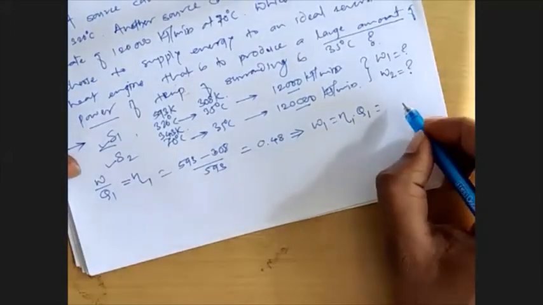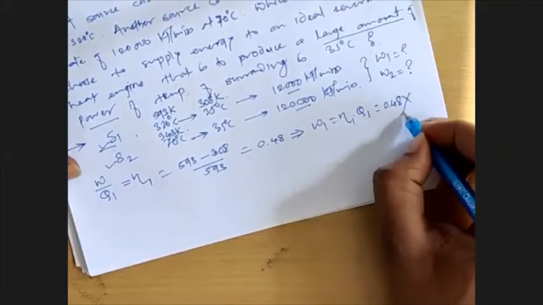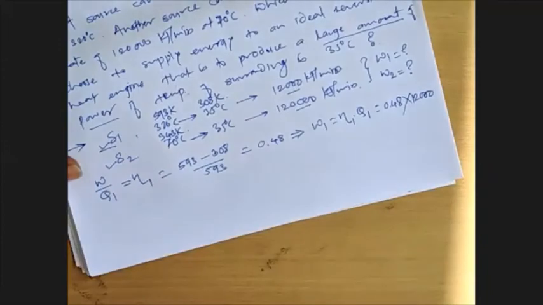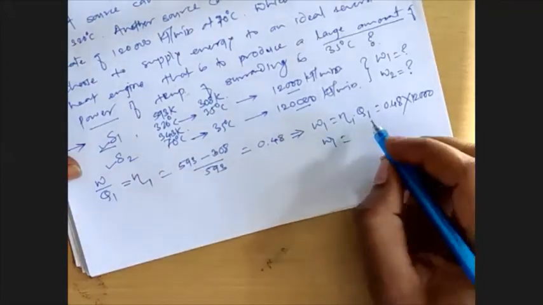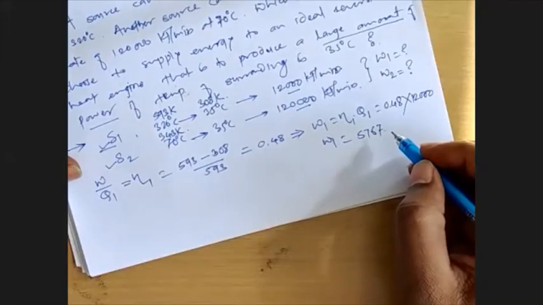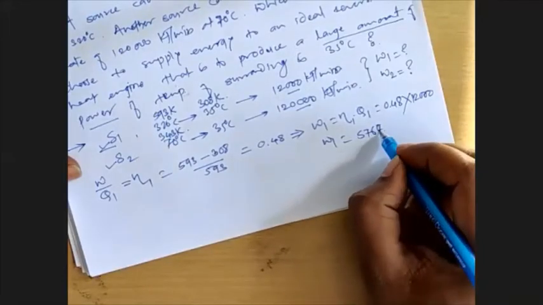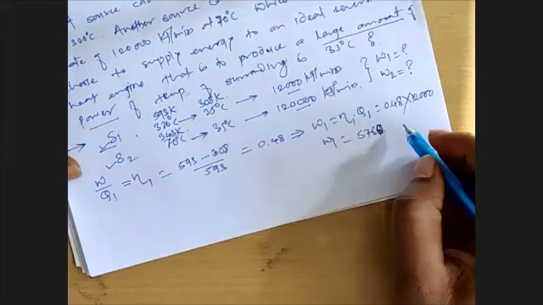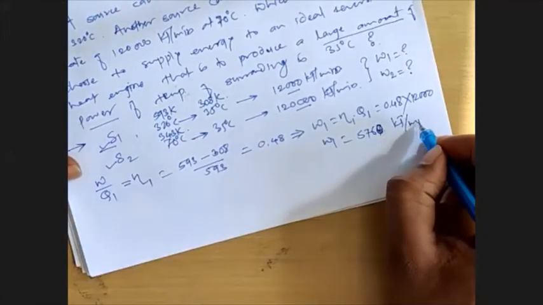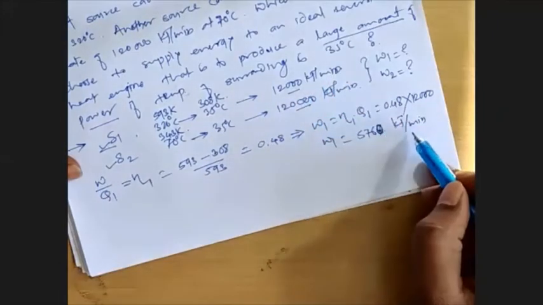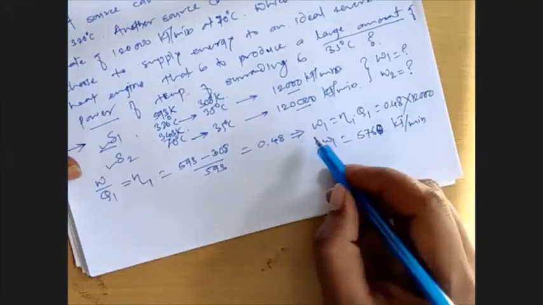So that will be 0.48 multiplied by 12,000. 5760. Very good. W1 is equal to 5760 kilojoules per minute, because Q is in kilojoules per minute, so W will also be in kilojoules per minute. So that is for source 1.